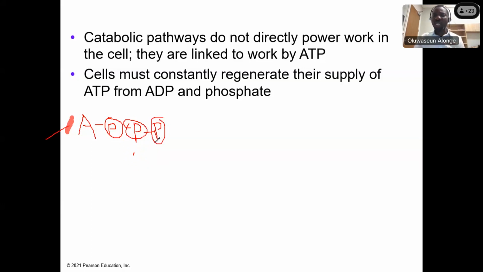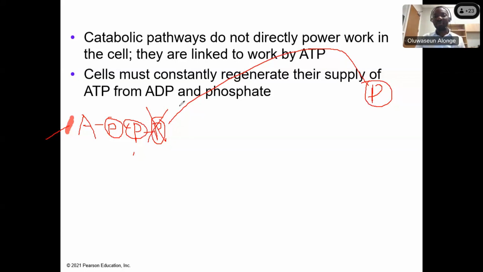Now, what happens when you give out energy is that this last phosphate will be removed. Then it will go ahead and power a protein that is meant to perform an action. So let's say lactase is supposed to break down lactose. This phosphate will bind to the lactase, which is the enzyme, and then the enzyme becomes active. That is the way ATP works.